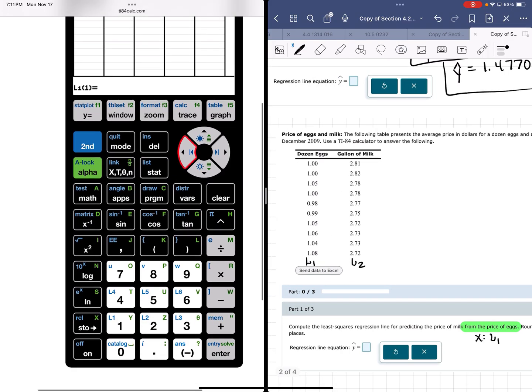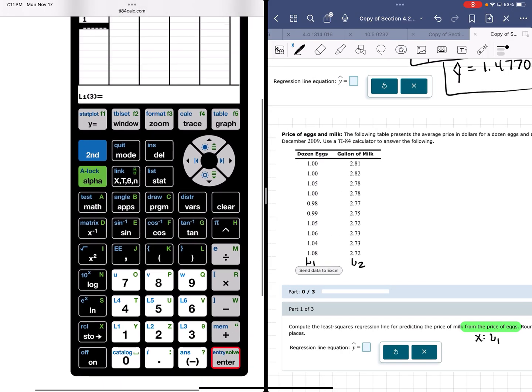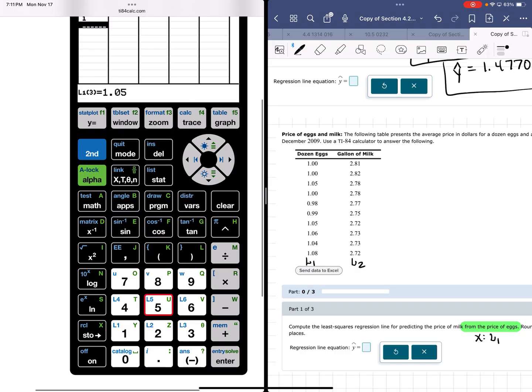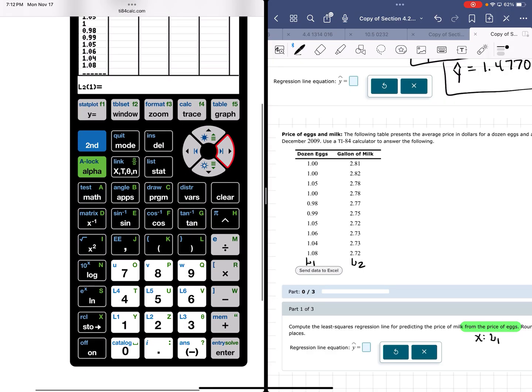I've got 1.05, 198, 0.06, 0.04, 0.08. Okay, let's see if I got them lined up this time. 2.81, 2.82.